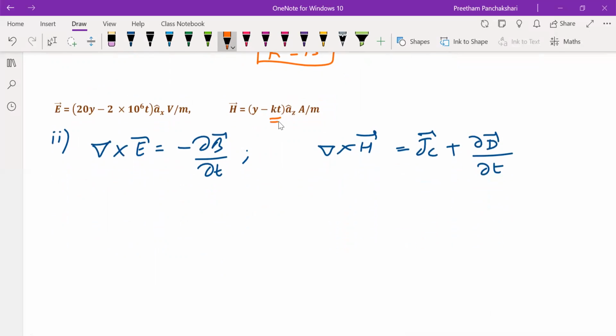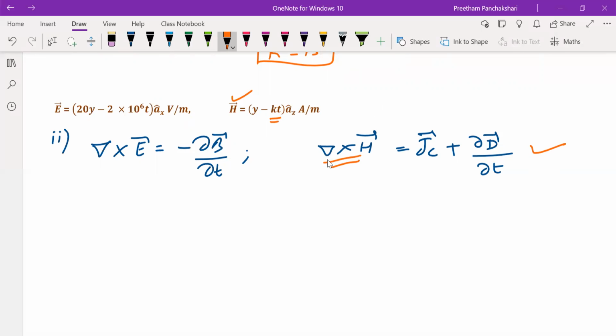Look at this one. K is present in H and K is with t. Suppose I use this equation, H is curled with del. Del is the vector operator containing partial derivatives dou by dou x, dou by dou y, dou by dou z.